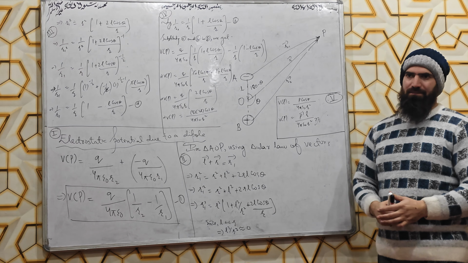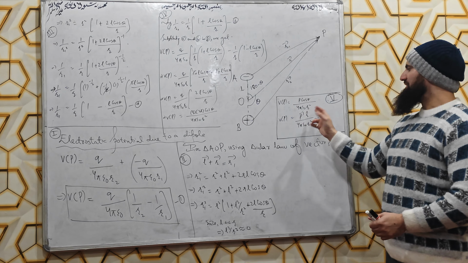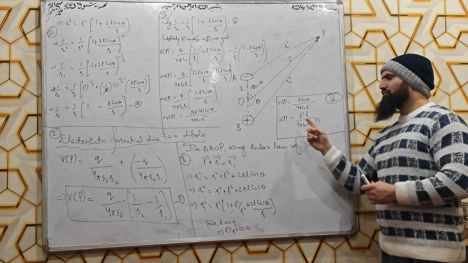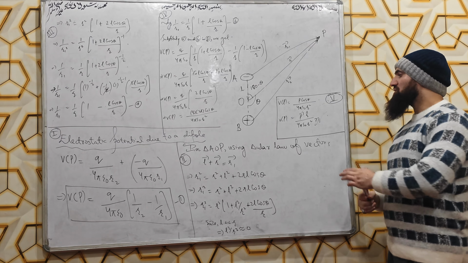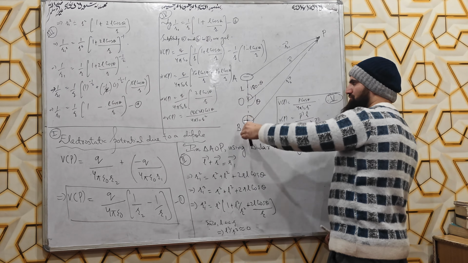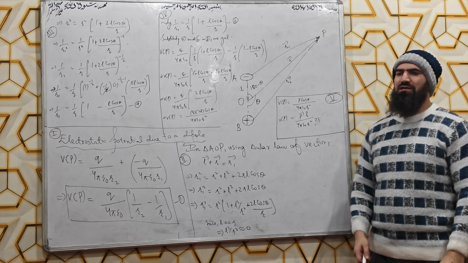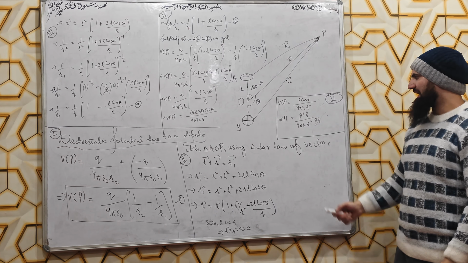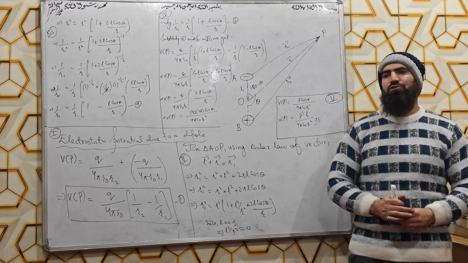It's a unit vector whose direction is from O to P. Now P dot R cap will be the magnitude of P into the magnitude of R cap. The magnitude of R cap is 1, into the cos of the angle between P and R cap. What is P? It is from negative to positive. And R is this, that's the cos theta. So I can write instead of P cos theta, P dot R cap, divided by 4 pi epsilon naught R square. That is the electrostatic potential due to a dipole.